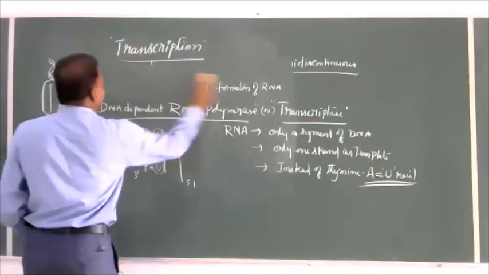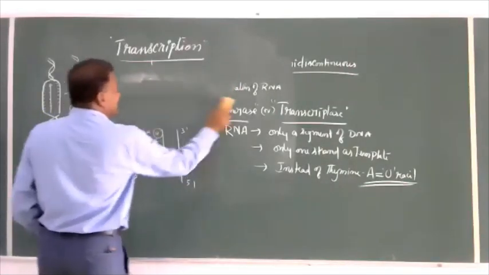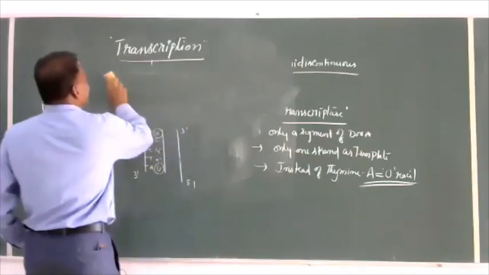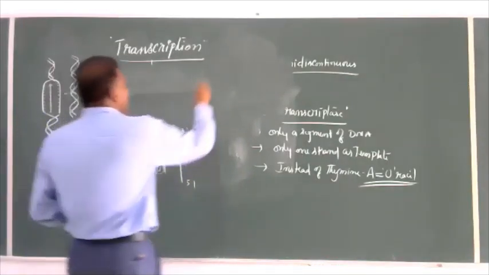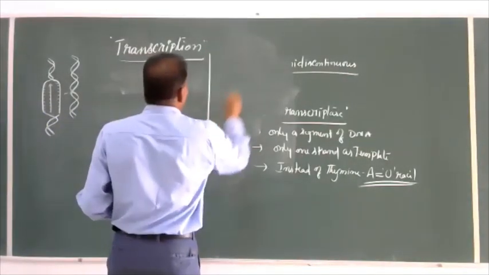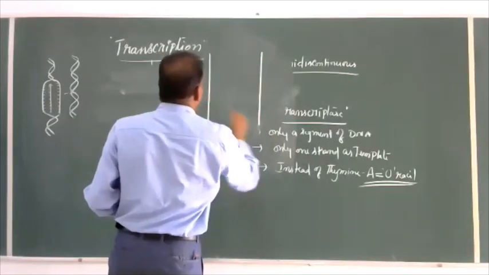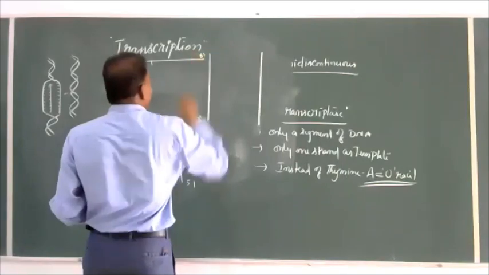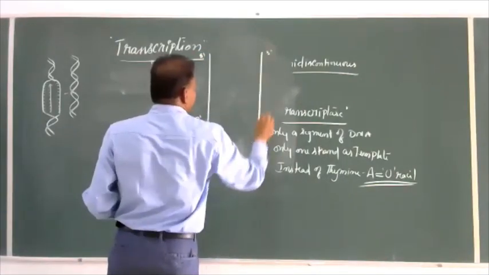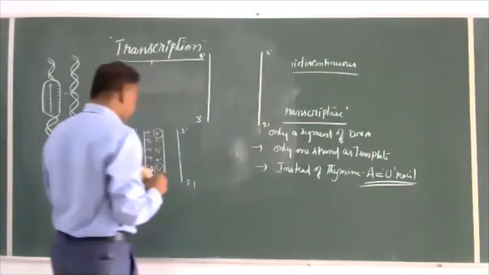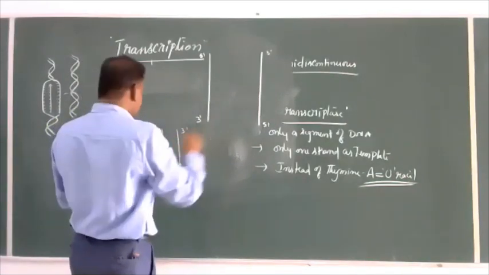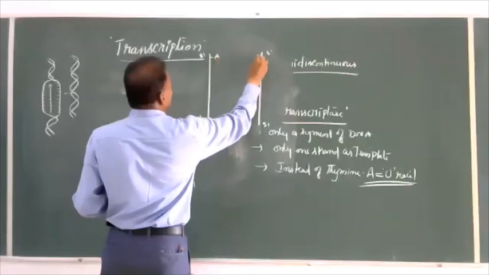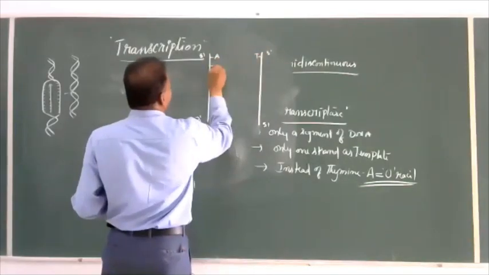During transcription, that is, formation of RNA from the DNA, for example, these are the two strands separated, 3 prime, 5 prime, 3 prime, 5 prime. Let us take the sequences. Adenine is here, so thymine should be there.